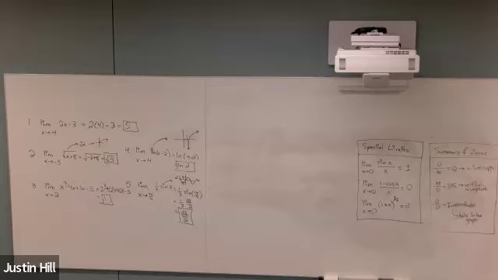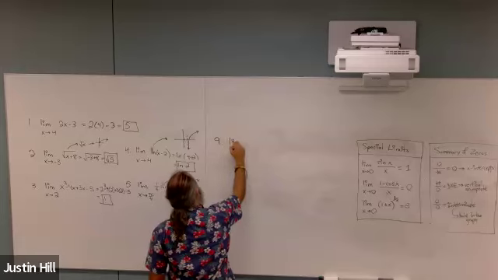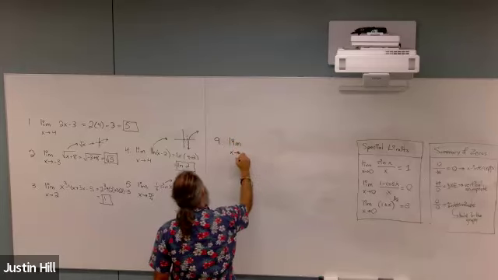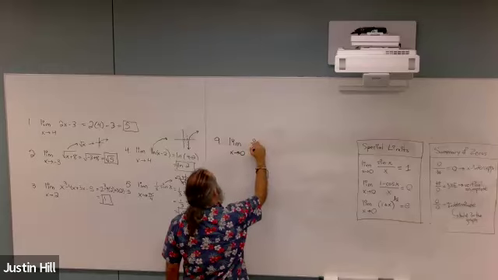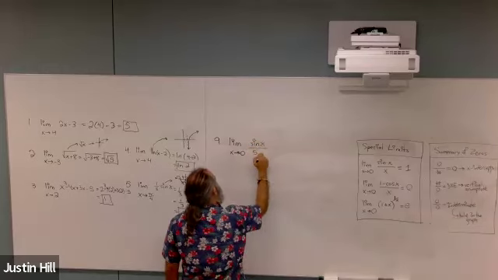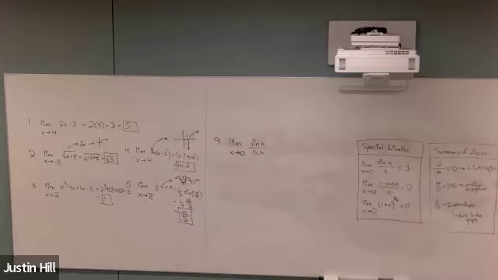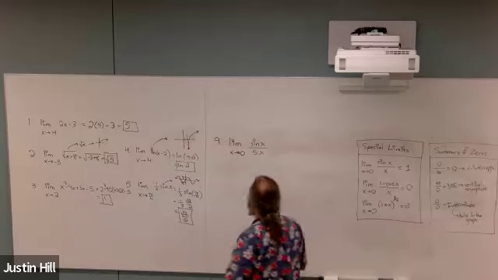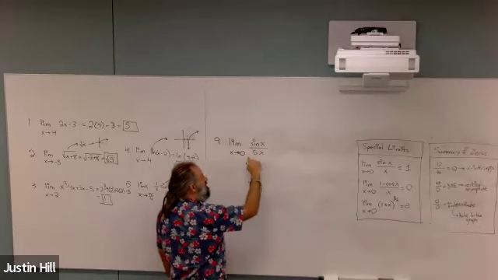Let's start with something like this, number 9. We have the limit as x approaches 0 of sin x over 5x. So just a slight alteration on the actual special limit itself. The key here is to recognize that you have that special limit basically written into this.